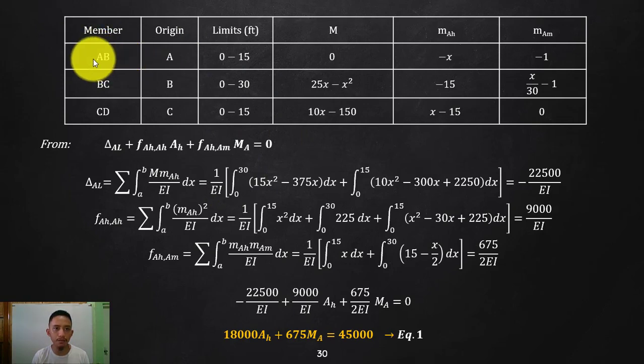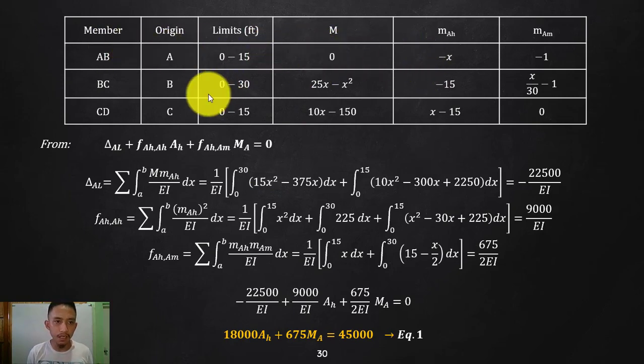But later on, if you have a variation of loading at AB, you need to break that down into segments again. So AB, since that is one segment, is from 0 to 15. However, there is no moment equation for it, because even if there is one in your virtual loading, that is 0 in your actual loading. So even if there is your MAH, if there is no big M, then this will be useless. So I will not be having integration at member AB.